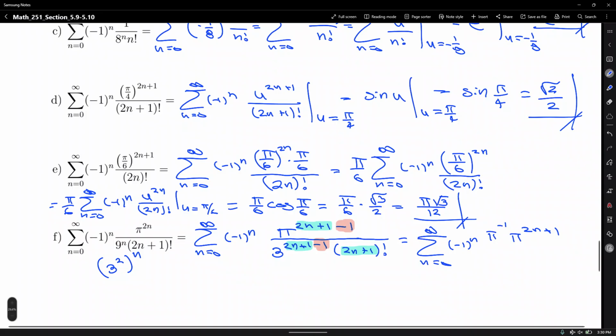Do you guys agree with this? Just laws of exponents. And then I'm going to divide by 3 to the negative 1 times 3 to the 2n plus 1 times (2n plus 1) factorial.